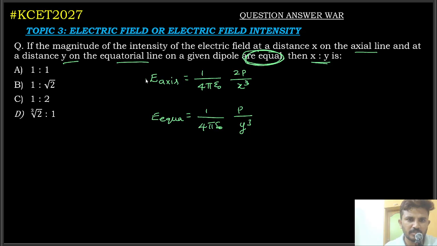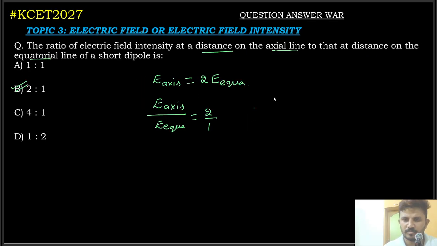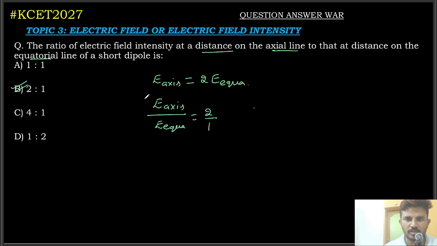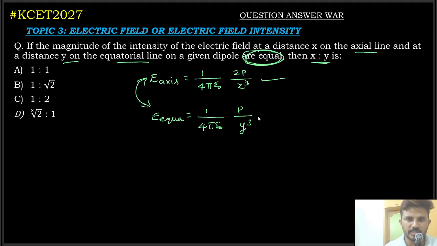So if this one is equal to this one, then the right hand sides are equal. Let me equate. So what happens? 1 by 4 pi epsilon naught, 1 by 4 pi epsilon naught get cancelled. p, p get cancelled. You'll have 2 divided by x cube is equal to 1 divided by y cube when you equate E axial to E equatorial.